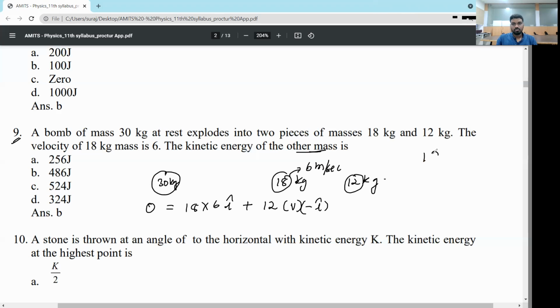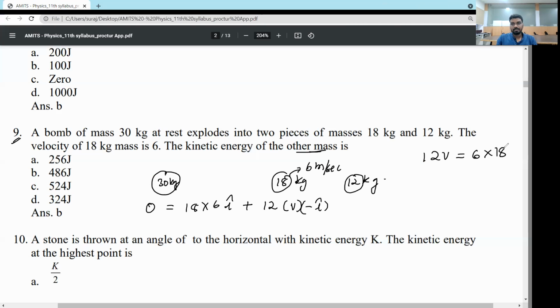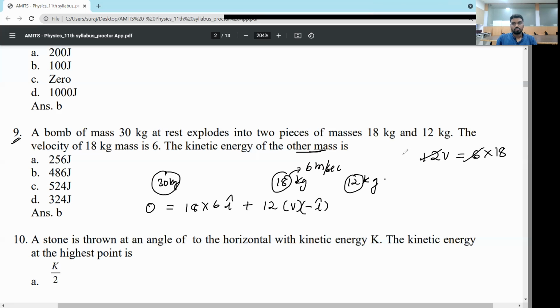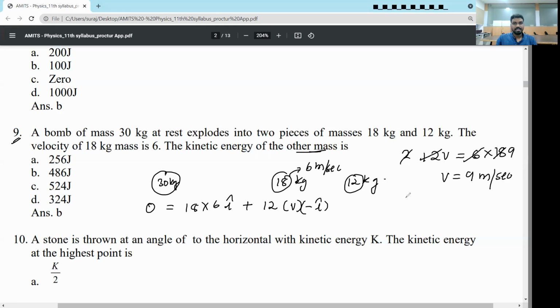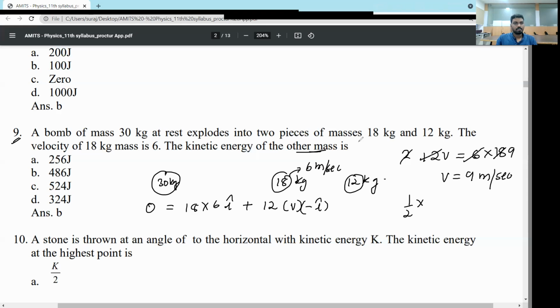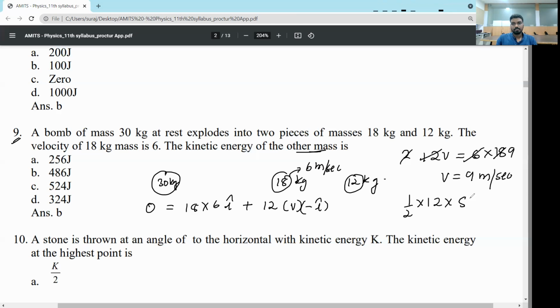So this becomes 12v equal to 6 times 18, 6 into 12 into 9. v is equal to 9 meter per second. v I got, but they are asking kinetic energy. That means half m v square, where m is 12, so half into 12 into v square.